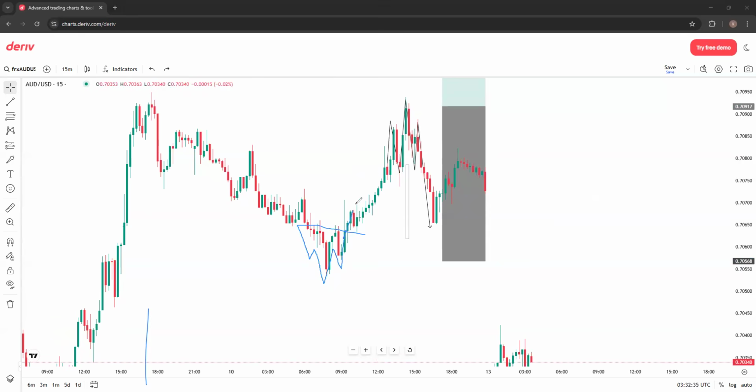Price came, started buying. And where are our take profits? This high was it, this high was it again, this high was it again, and then it reversed again. So basically, these are concepts that you can apply on real life charts and profit from them. And you still make money.